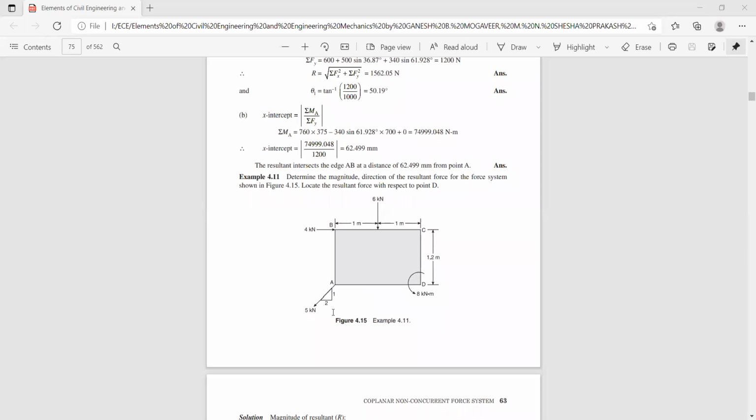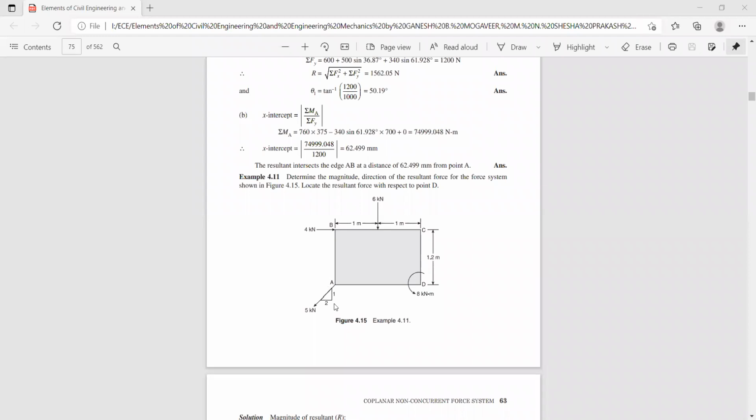What is tan inverse 0.5? How much is the angle? It is 26.56 degrees.